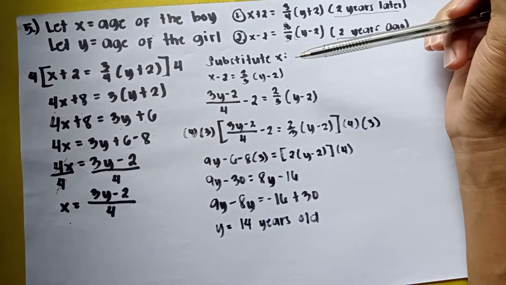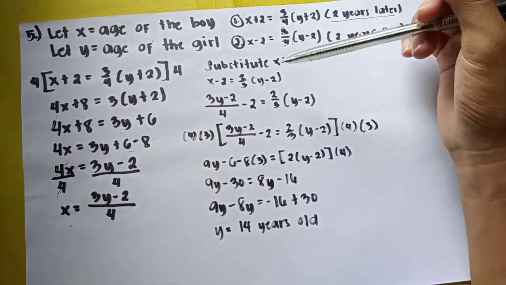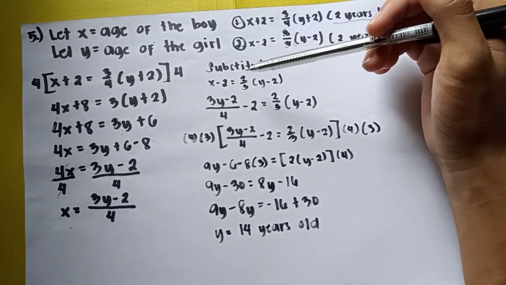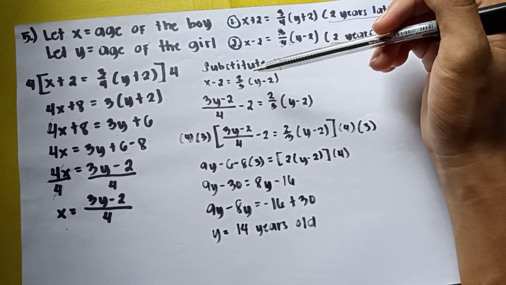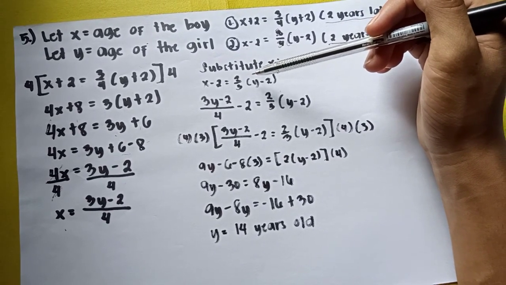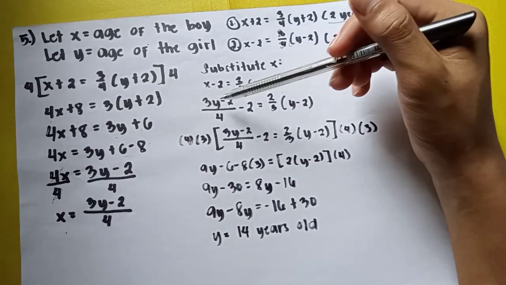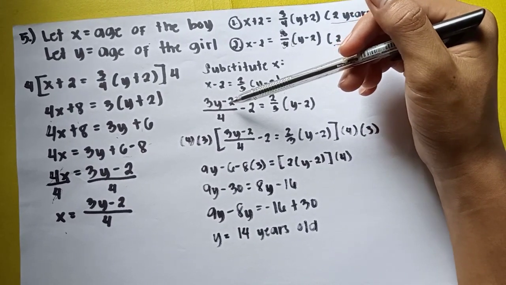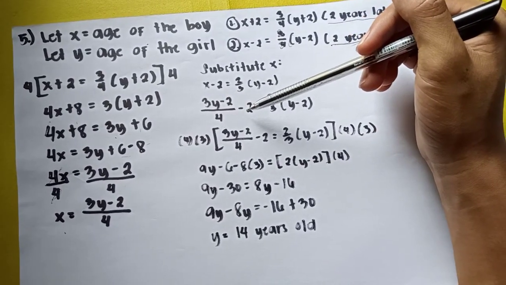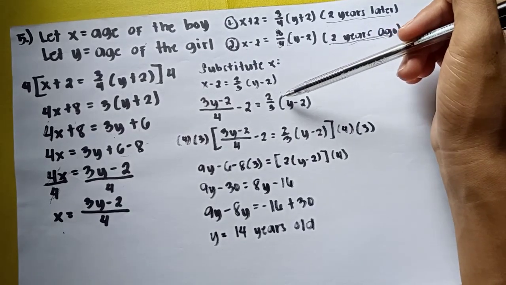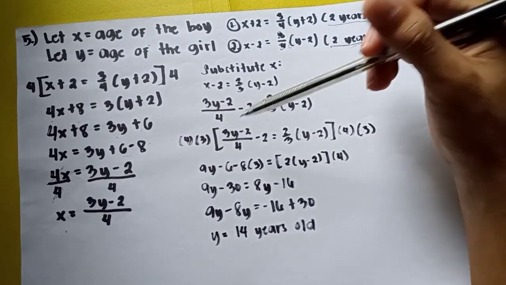And then let's substitute our value of X in the equation X minus 2 equals 2/3 times Y minus 2. So our value of X is 3Y minus 2 over 4, minus 2 equals 2/3 times Y minus 2.